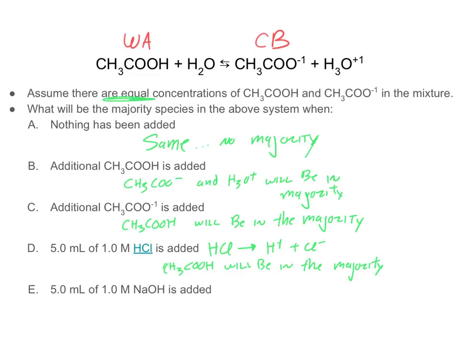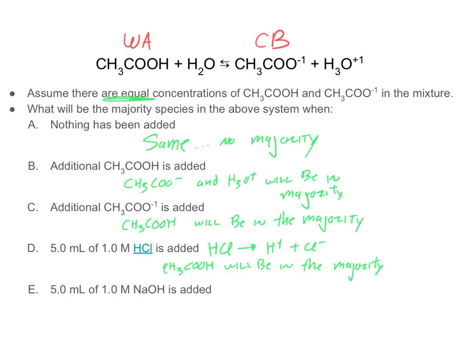When it reacts, the acetate concentration is gonna go down. The H3O plus is technically gonna stay the same, but we're going to increase the acetic acid because that H plus is going to create more acetic acid, making that more than the majority.